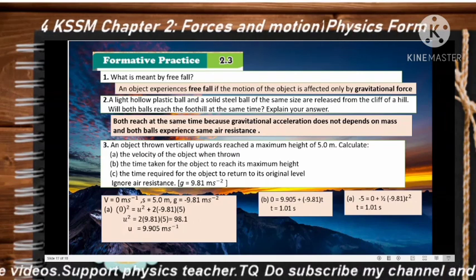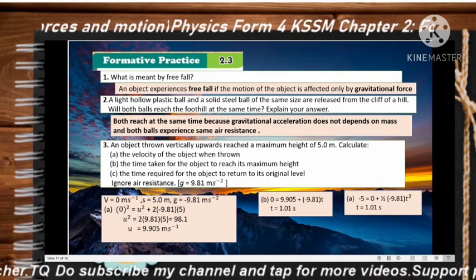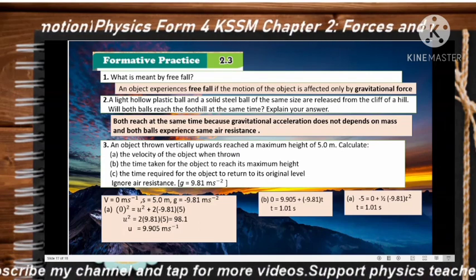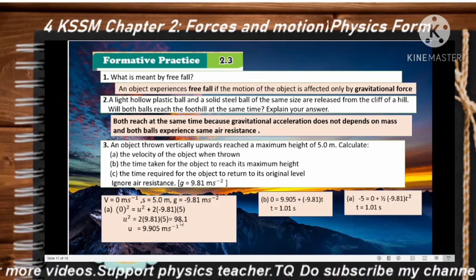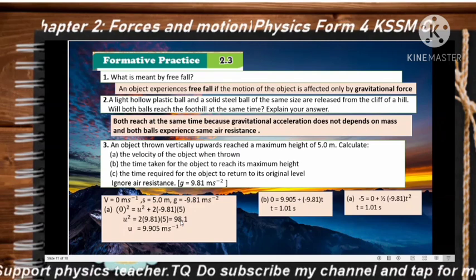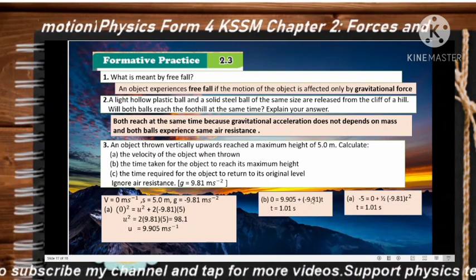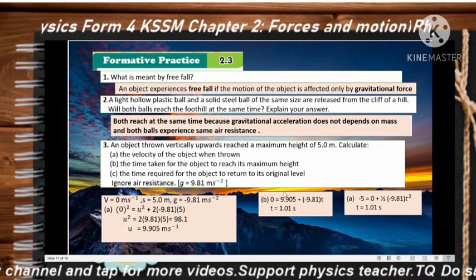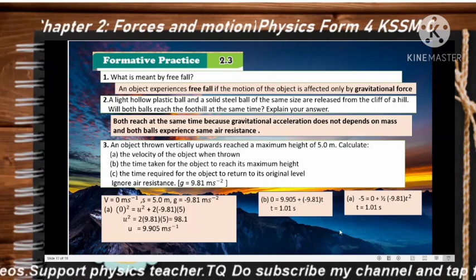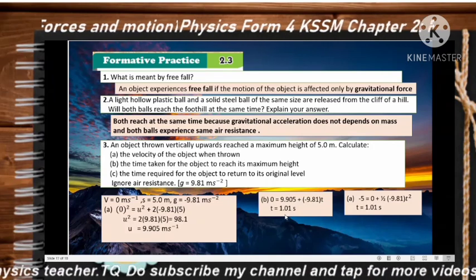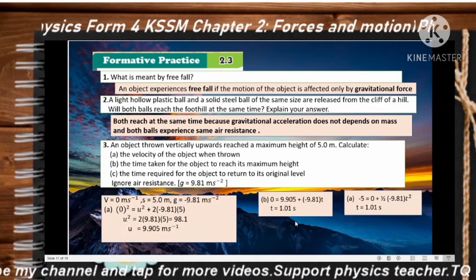So the time taken to reach the maximum height and the time required for the object to return to its original level is the same because the object experiences uniform acceleration due to gravity. Okay, so the total time taken for the object to be thrown upwards and return to its original position is 2 times 1.01 second. That one will become 2.02 second.